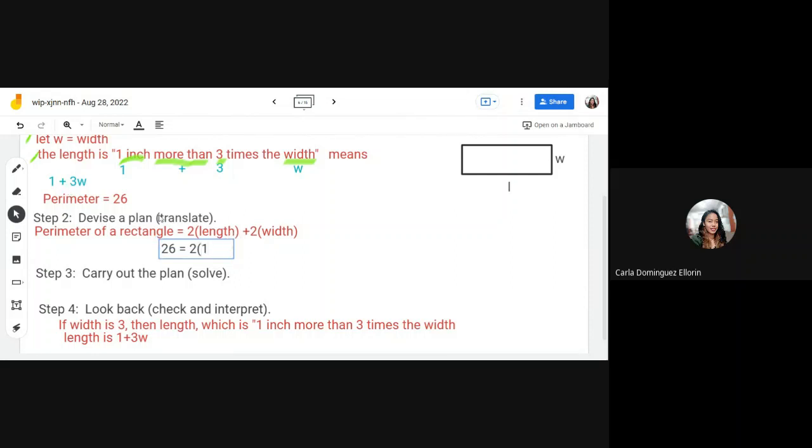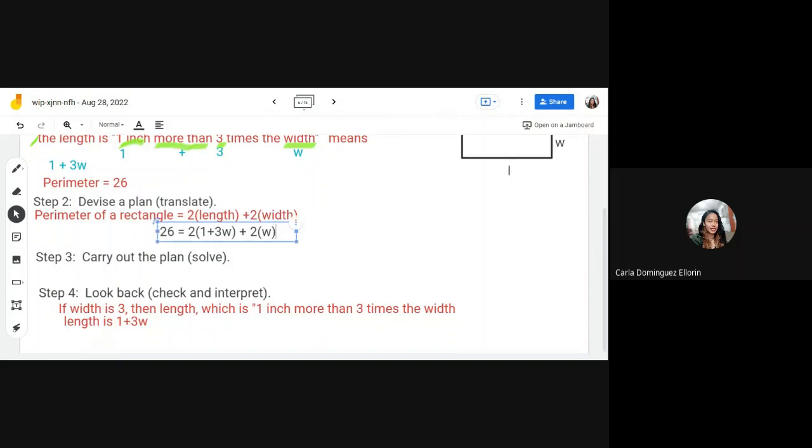So, that is 1 plus 3W, plus 2 times the width. The width earlier we represented as W, so we just write W. So, 2 times W. Now, we have our equation. So, we now proceed to solving the problem.